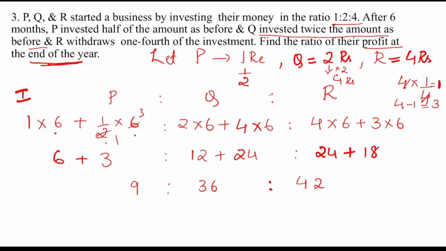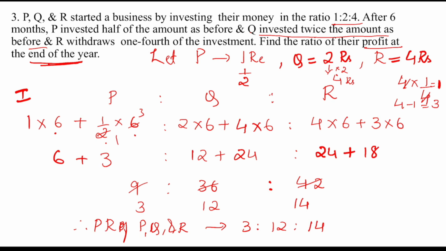Okay. So 3 threes are 9, 3 twelves are 36 and 3 fourteens are 42. So therefore the profit ratio of P, Q and R is 3:12:14. This is what is asked in the problem. Okay. So next problem.